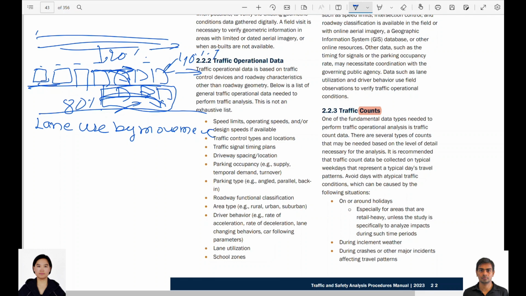Then this is called lane utilization data. Lane utilization data is a little bit refined data. We do not go and gather it actively, but if you are working on signal timing projects, then we do collect or figure out the lane utilization data.